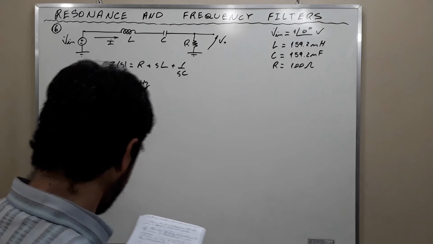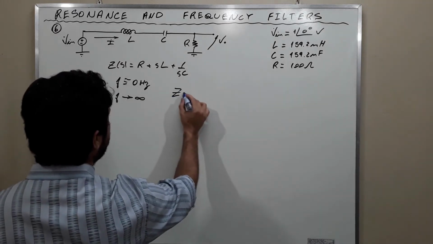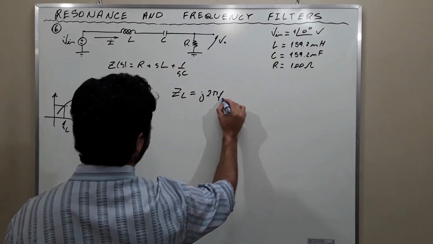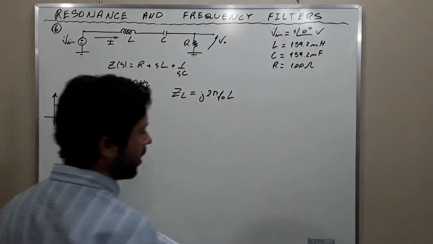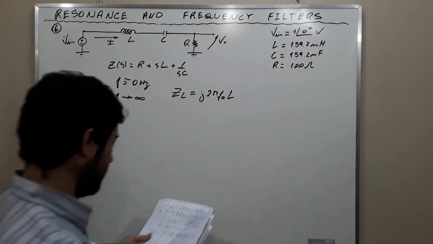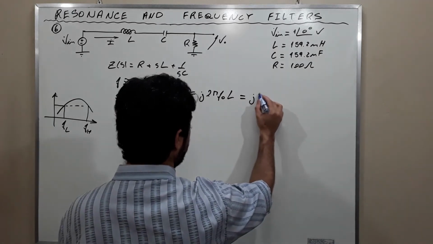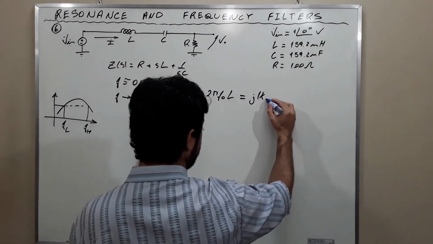The inductive impedance is j2 pi F0 L at resonance, which is equal to j1k ohms.